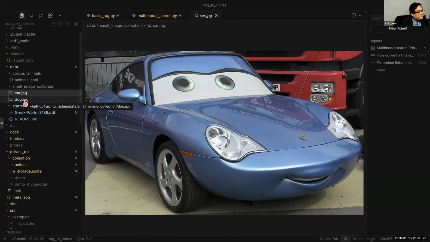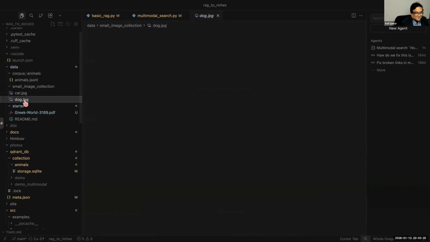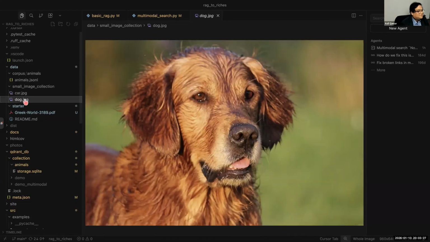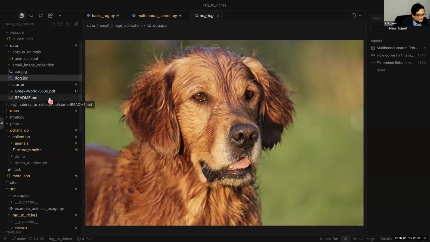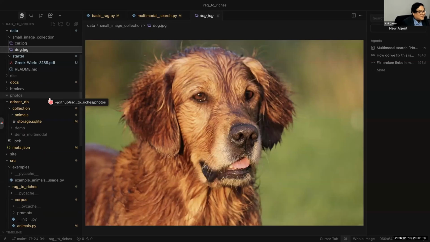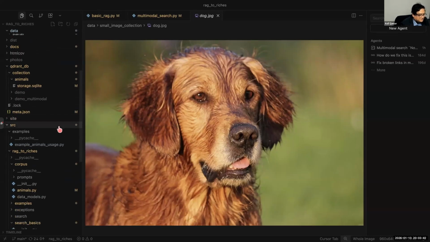A car and a dog, right? But you should think 2 million, lots of images. So that's the reason is that, we start simply. We'll build the concepts all in place. Qdrant is a database that we will use.